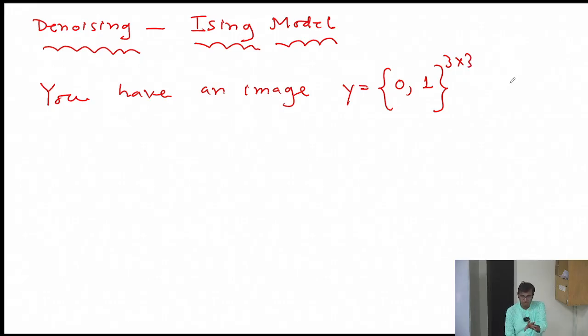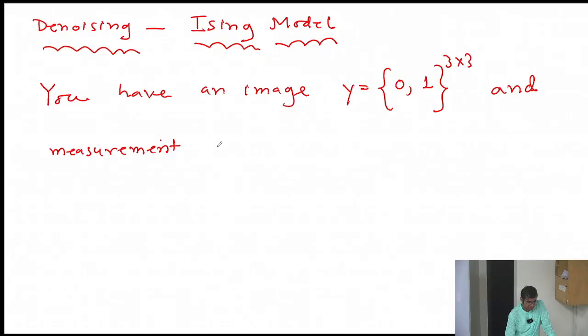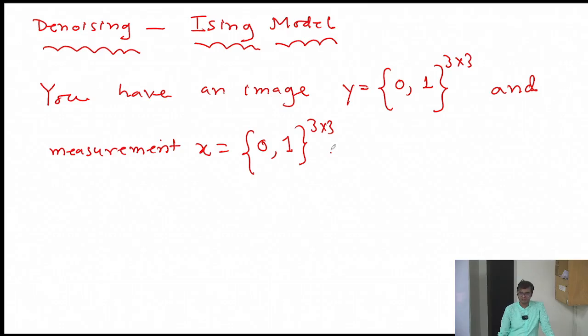This is not known to us. And this is the measurement, what we have measured, x, 0 or 1, and this is what we have. So the idea here is that given x, can you estimate y?